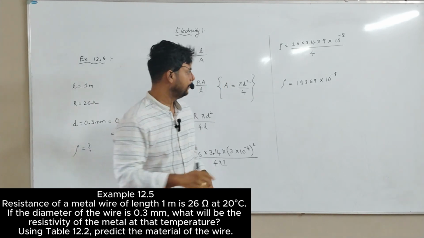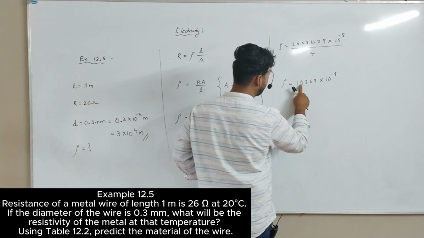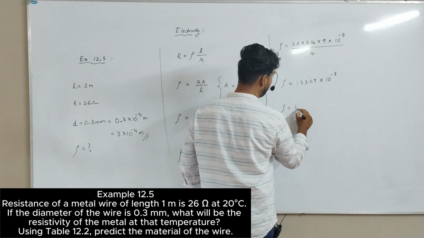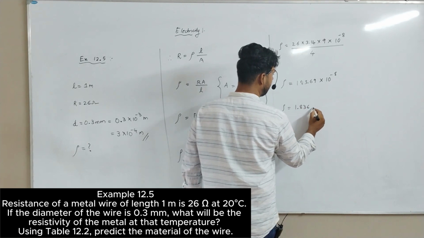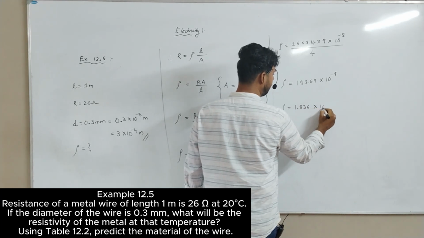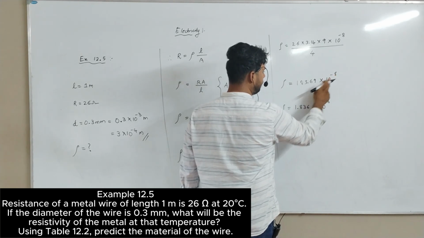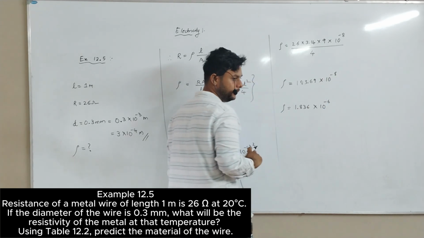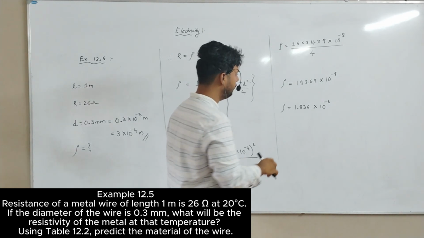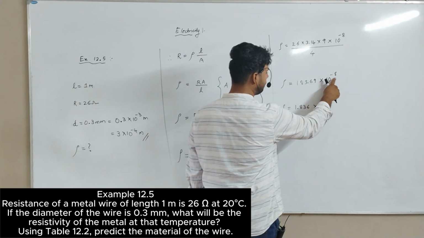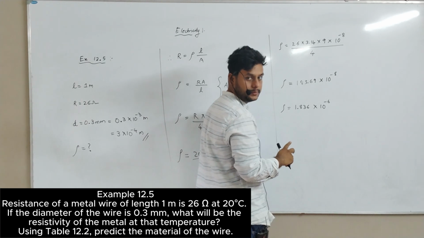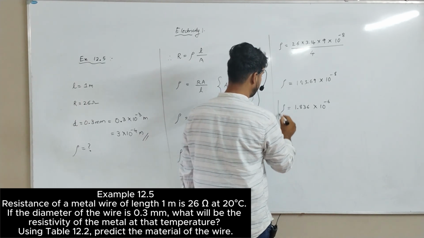Now what will I do? I will move 2 points from here. If I move 2 points, rho is equal to 1.836 into 10 power minus 6, so minus 8 became minus 6. And this is the answer. You can check your textbook.